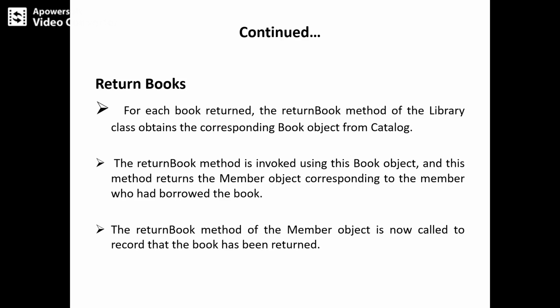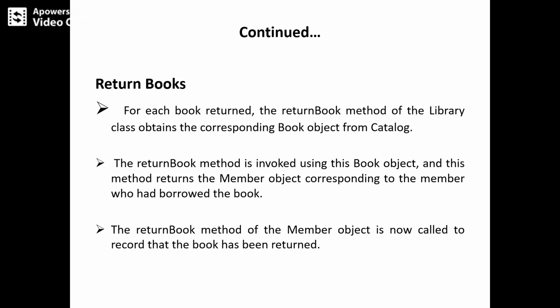Now we will continue with the next sequence diagram, return books. For each book returned, the return book method of the library class obtains the corresponding book object from the catalog class. Here the return book method is invoked using the book object we created.